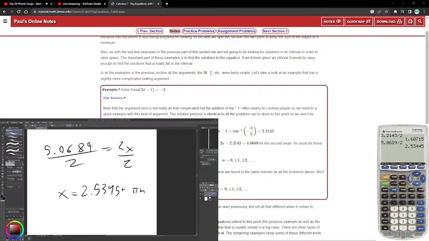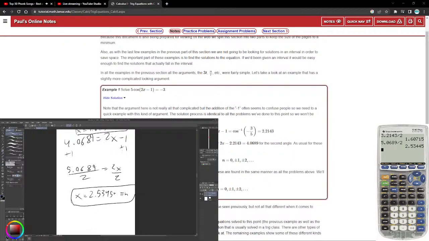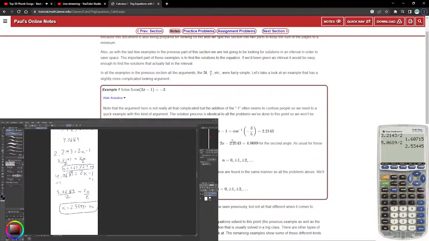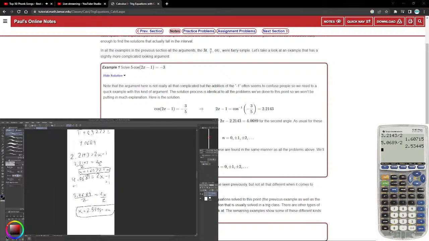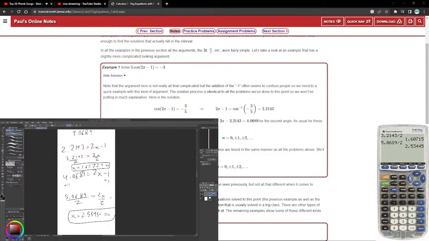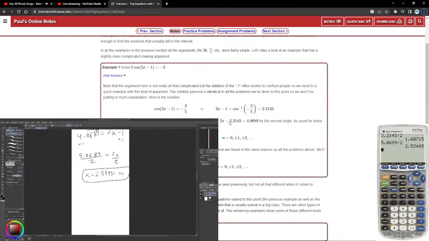Plus pi n. Alright, let's check it. 1.6072 plus pi n, 2.5345 plus pi n. Okay.